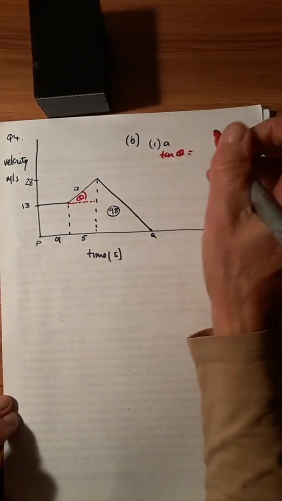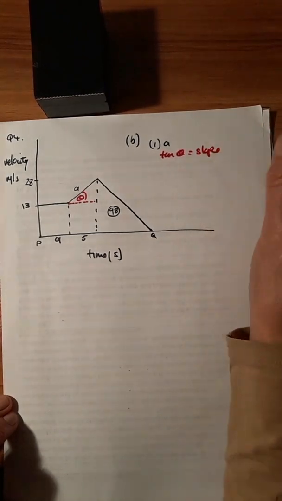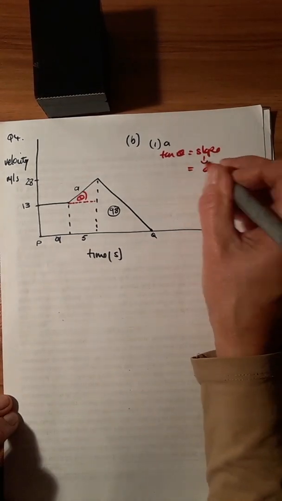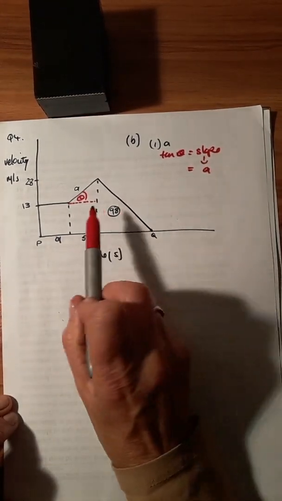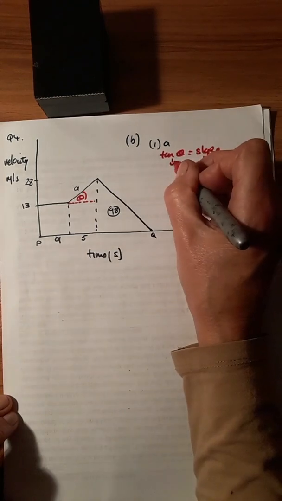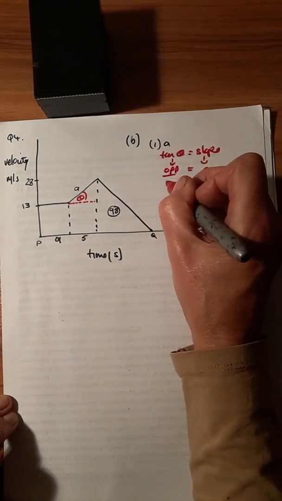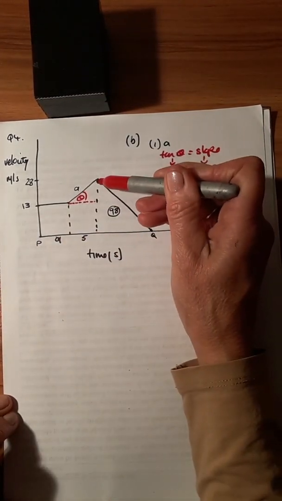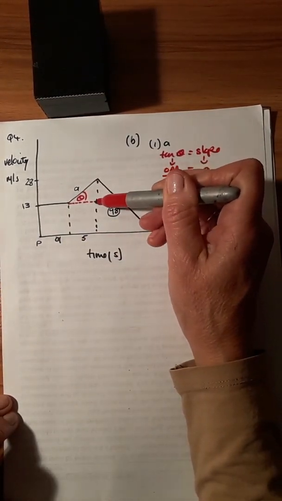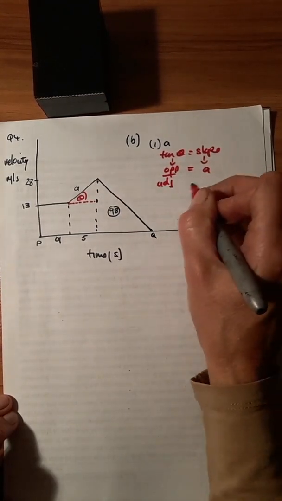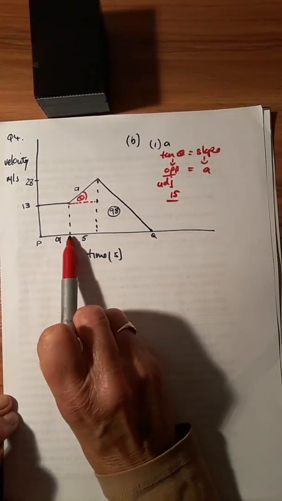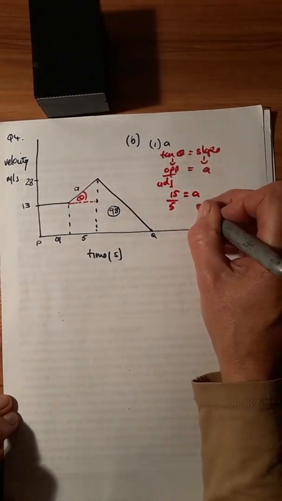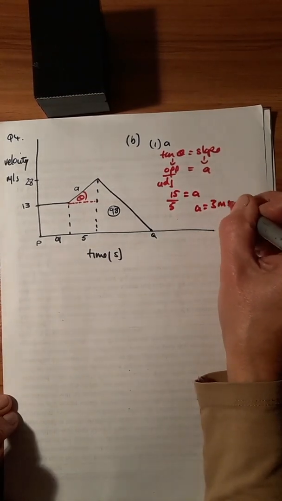So tan theta is equal to the slope, and the slope is equal to acceleration a, and tan theta is opposite over adjacent. The opposite is this bit here, from 13 to 28, so that's 15, and the adjacent is that base, which is 5. So the acceleration is 3 meters per second squared.